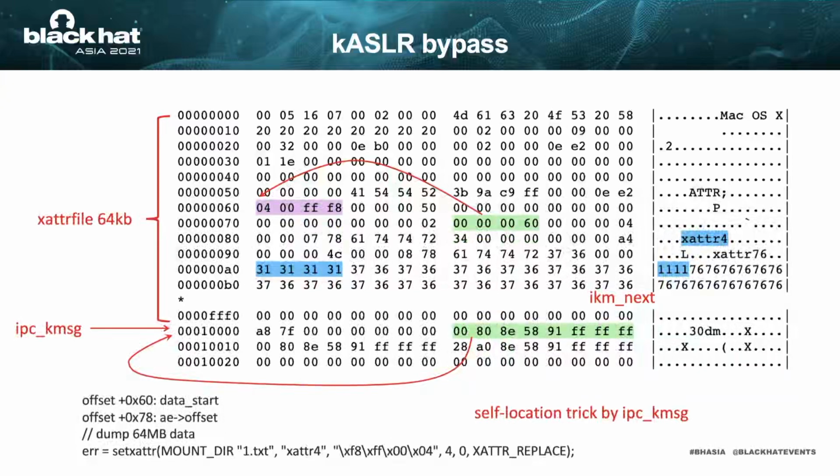The green mark is an illegal offset I forged, pointing to the data start field in the file header, which can be achieved by tampering with the ._ prefixed xattr file in user space. Data bytes starting from file offset 64 KB, or hex 10000, are the kernel memory we read out of bounds.